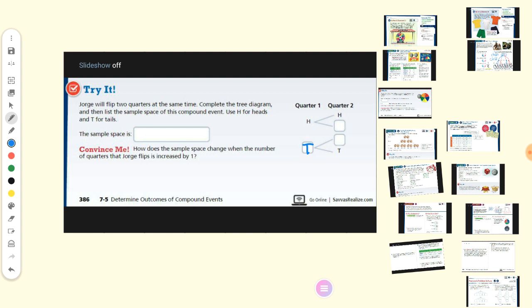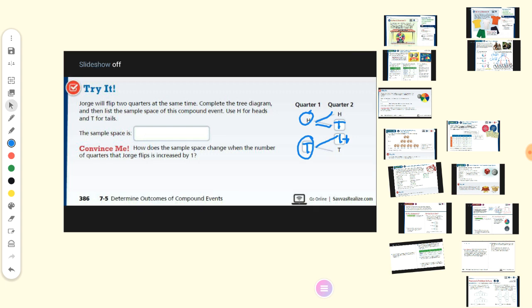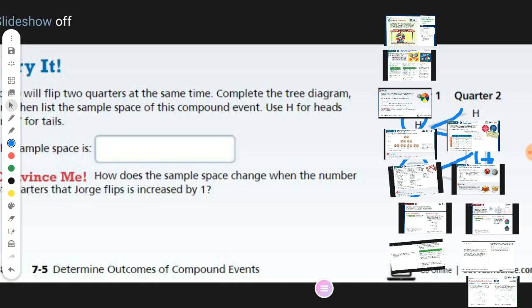Second time, if it's head, it may be head or tail. And if the first time was tail, it may be head or tail. So what is the sample space supposed to be? You can write the sample space as a list of the following. List. First time, HH.